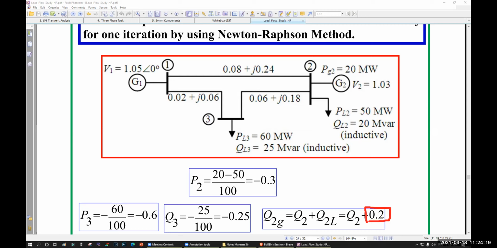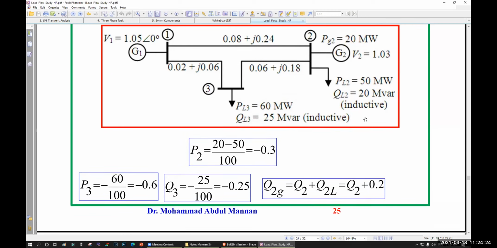The problem is that here we do not know how much Q we are getting from this generator. This is not only a PQ bus. There is a mistake here, this should be minus. We do not know.